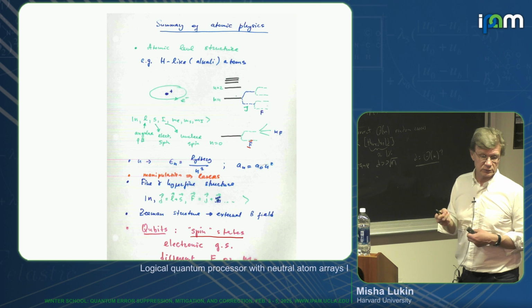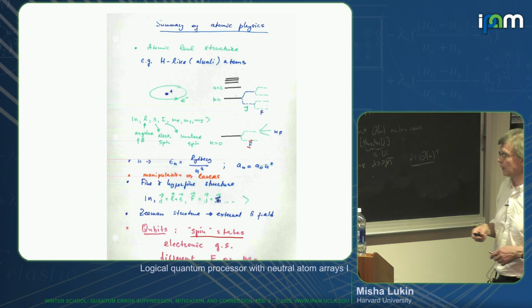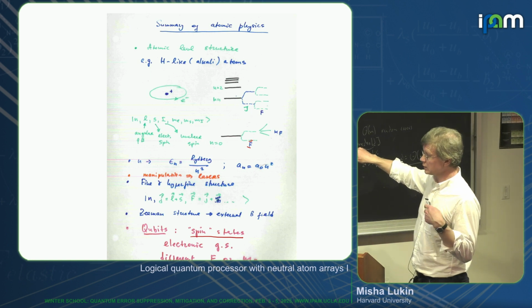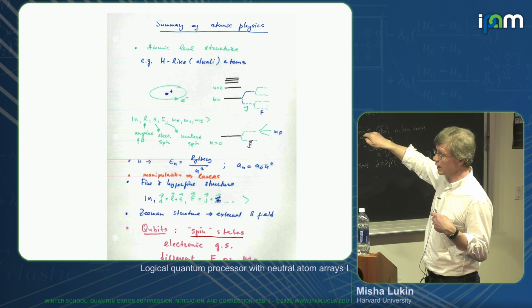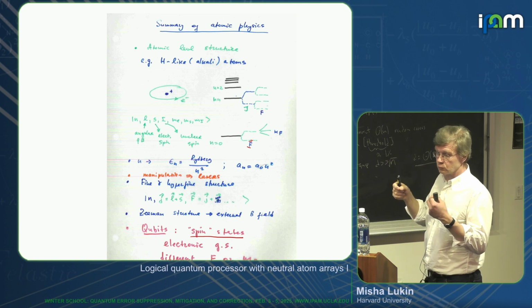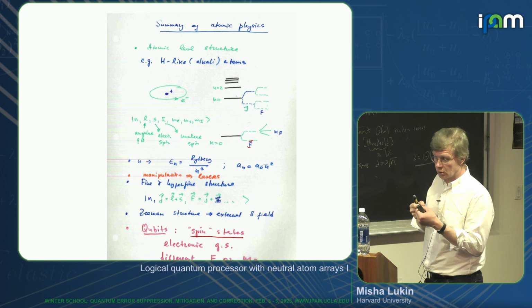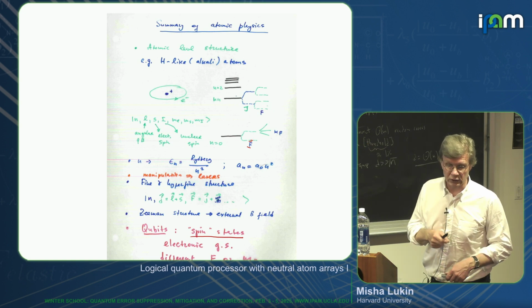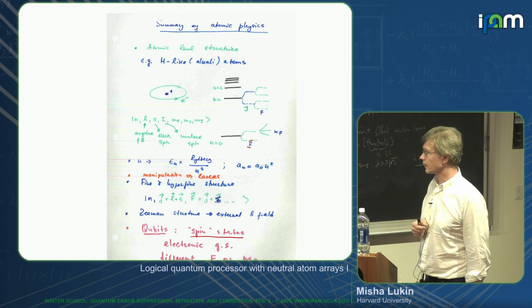These are the sublevels we will typically use to encode qubits and store them for a long time. Of course, using lasers, we can also excite atoms to very high energy states, where electrons orbit very far away from the core, which we will also utilize to make atoms interact. These are the so-called Rydberg states.